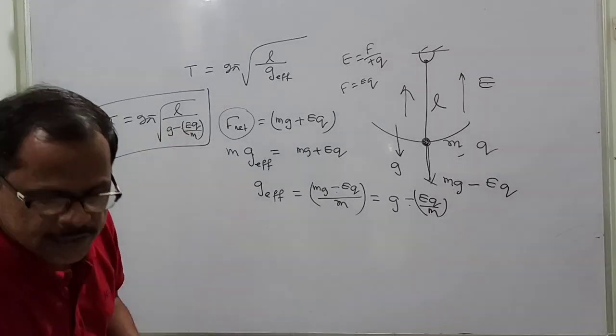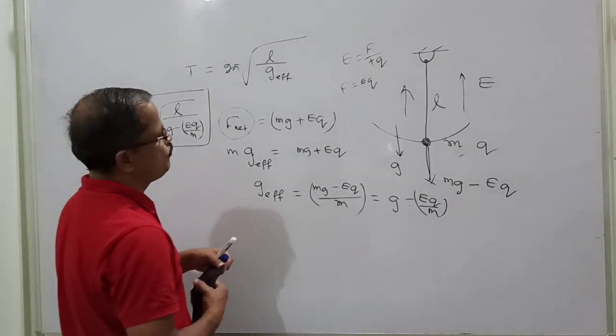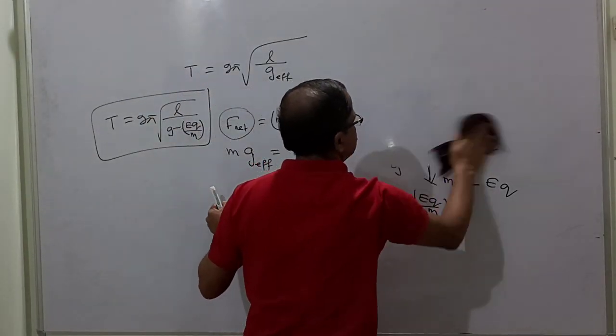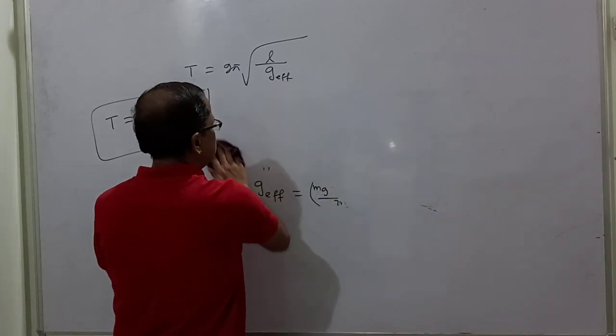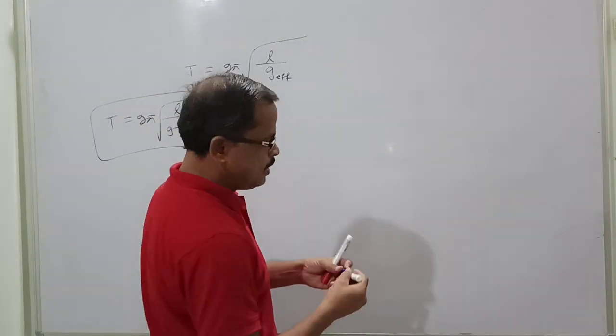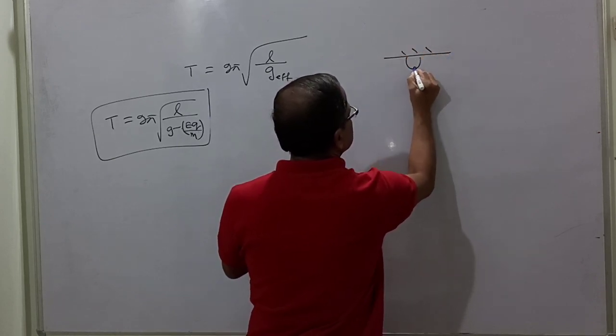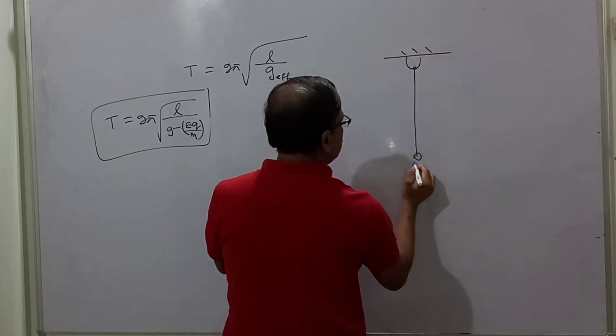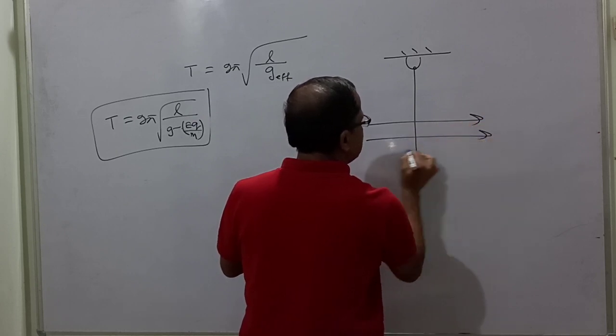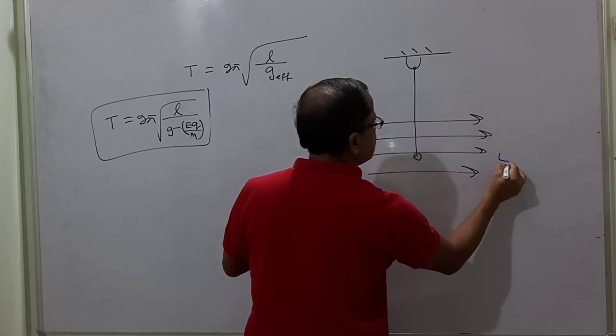Another part, the last part, is the simple pendulum case where, instead of vertical, the electric field is horizontal.